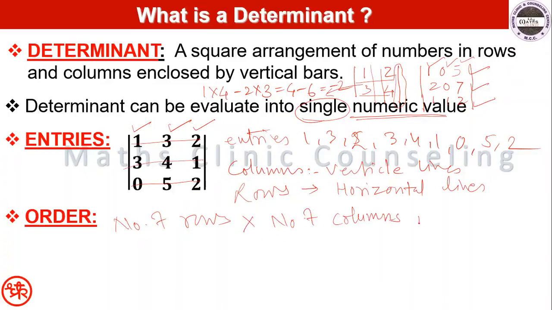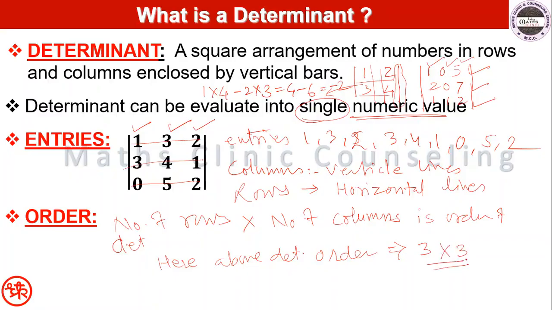So here, the order of the above determinant is 3 rows, 3 horizontal lines, and 3 columns, so 3 by 3. Now in the first line we have written 2 determinants. The first determinant was of order 2 by 2. Is that clear?